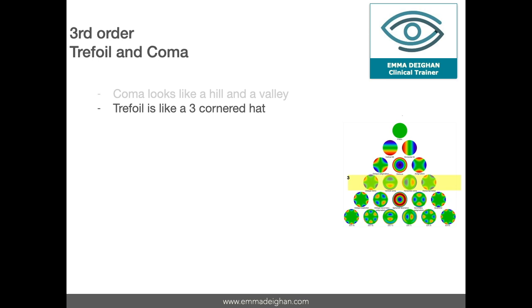So we have horizontal coma or vertical coma, and there is a low point and a high point on the wavefront. This is commonly seen in decentered ablations, where the ablation hasn't been put on the centre of the cornea, so it's removed some tissue that it shouldn't have done, and it leaves behind this kind of hill and valley formation.